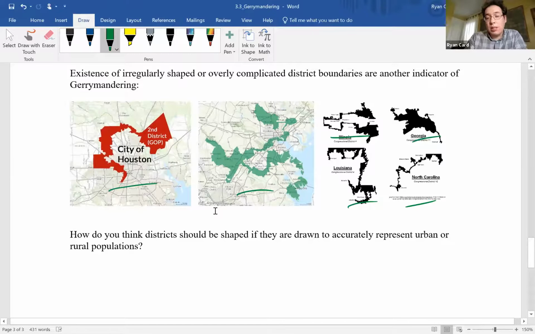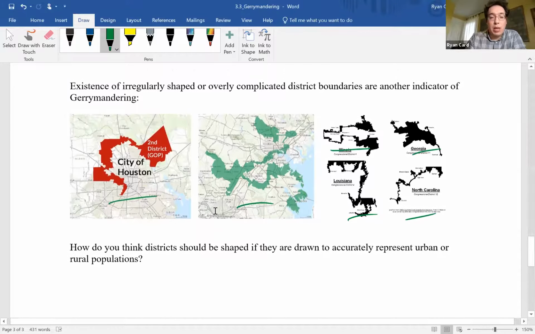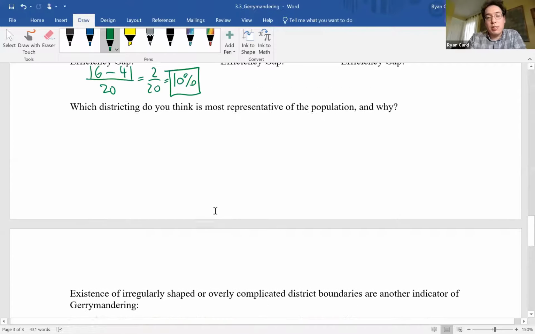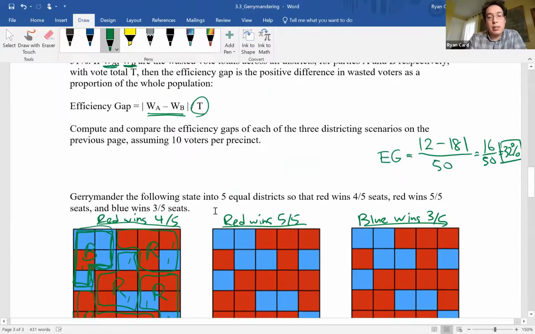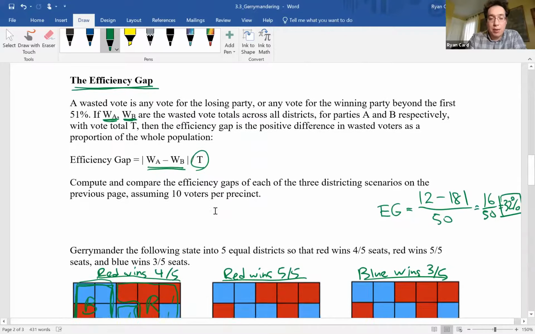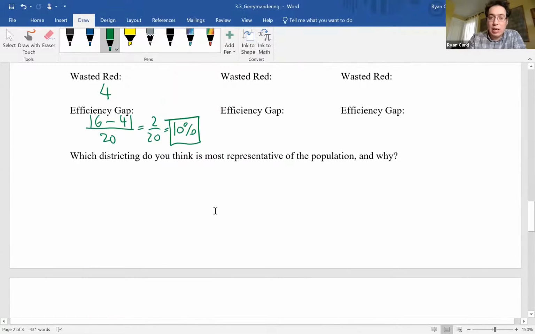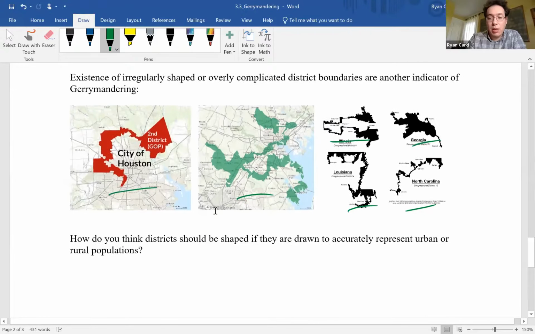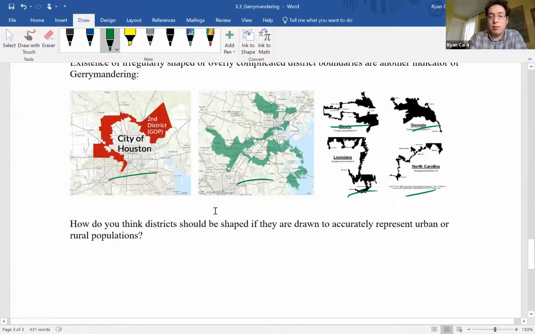So I want to give this question to you. The Supreme Court did decide that this efficiency gap was not a good measure for measuring how something is gerrymandered.